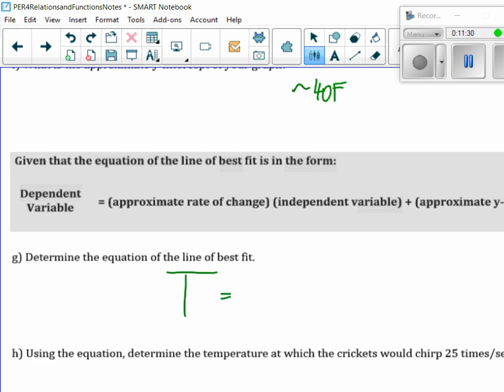My rate of change was what again? 2.5. My independent variable was the chirps per second. What do you want to call that? C for chirps. And then it's plus approximately the Y-intercept, which mine was 40. Okay, so does everybody see how I came up with that equation?